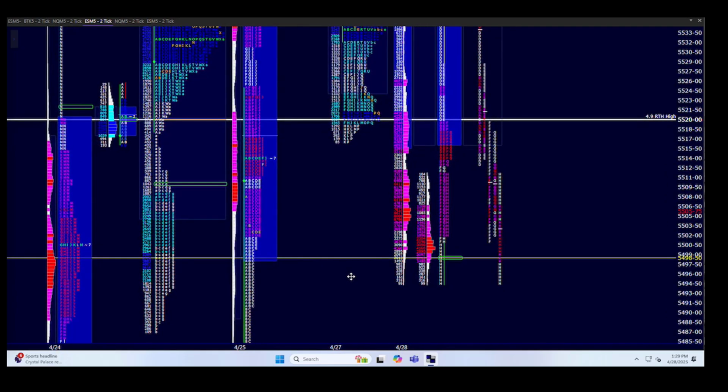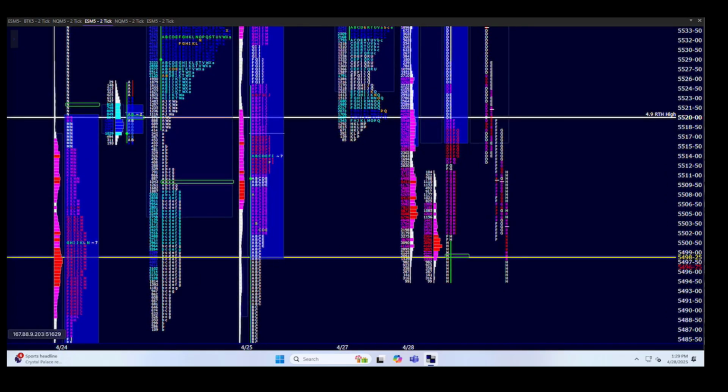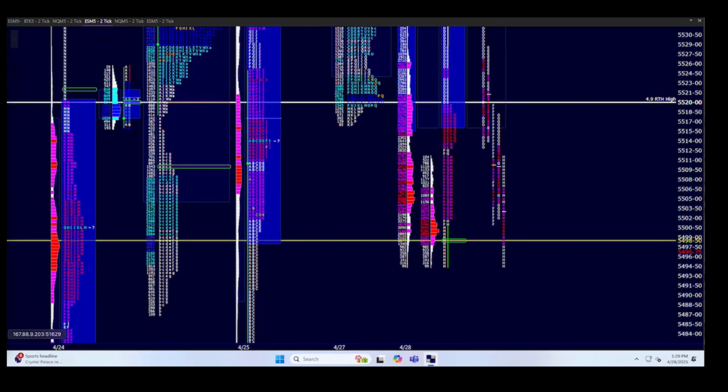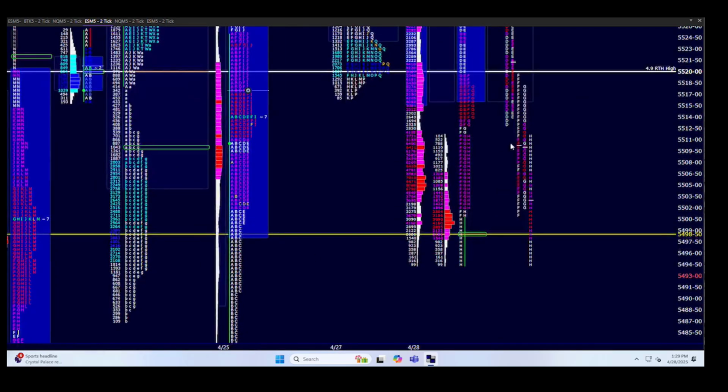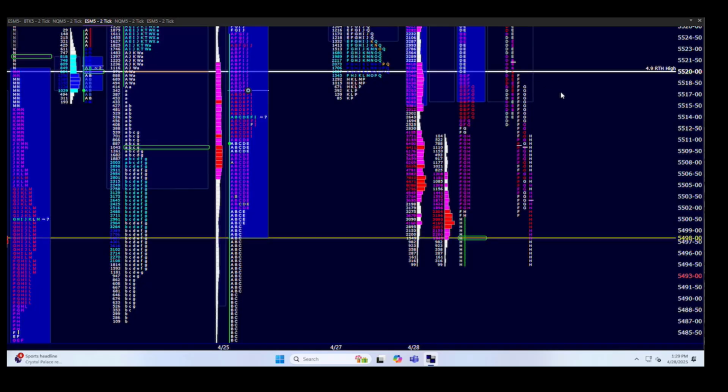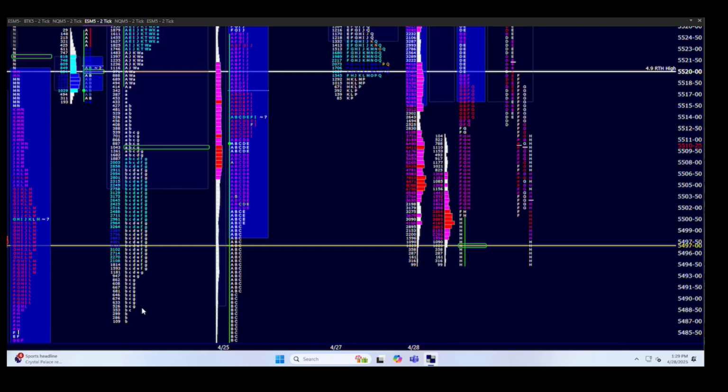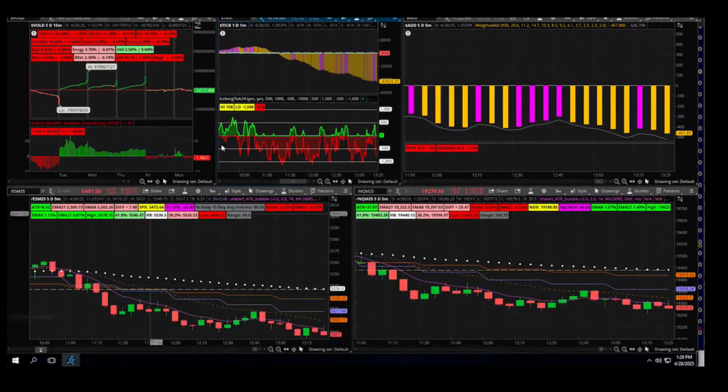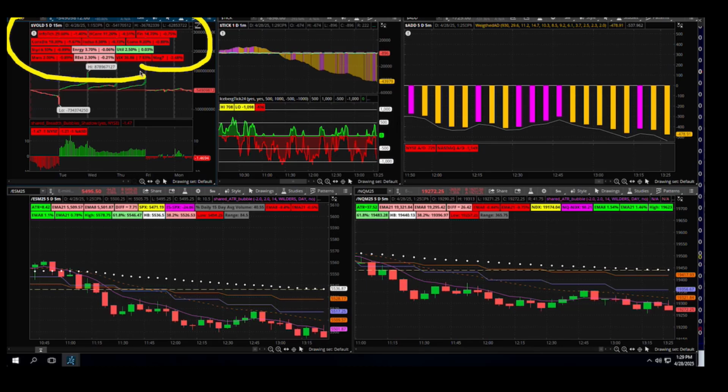Now, the other thing you want to do in that scenario is confirm that the internals are supporting that thesis, that if we break this one time framing lower and make a higher high on one of these 30-minute periods, you would want to sell it. Looking at the internals, that's a lot of dark red on the screen. 10 of 11 sectors that make up the S&P 500 are dark red from the open, which means they're down more than 50 basis points from the open, not Friday's close.